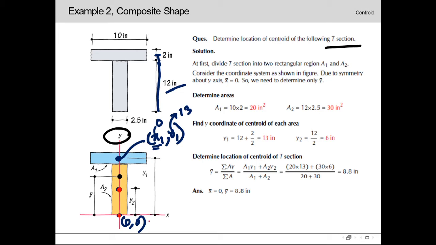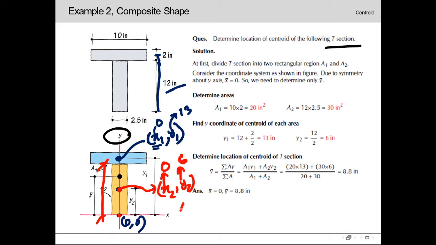So here also the value of x2 will be 0, and to move to this point from 0, 0, we need to move along the y-axis. It will be half of the total height of segment 2. The total height is 12, so half of 12 is 6, so the value of y2 will be 6.